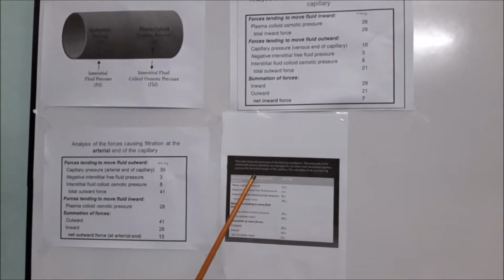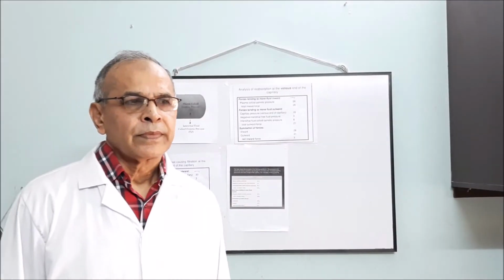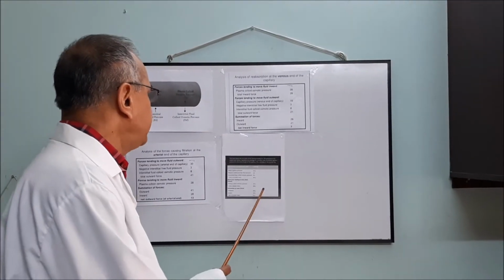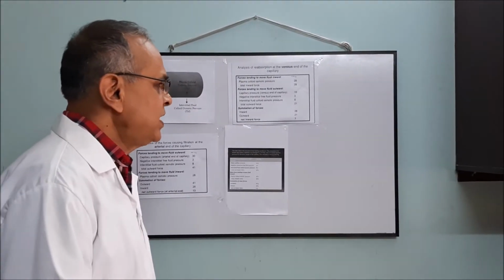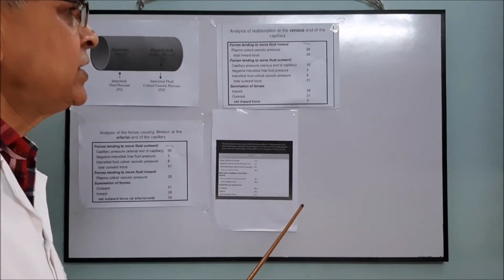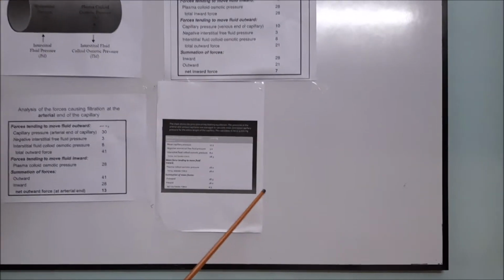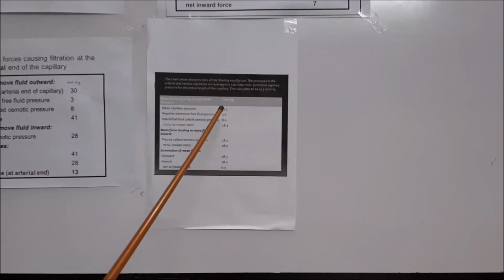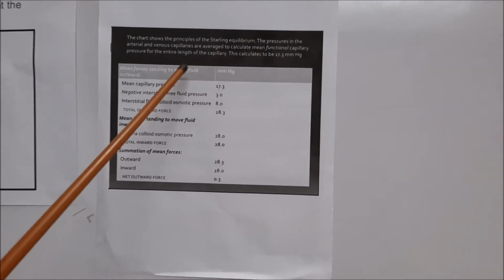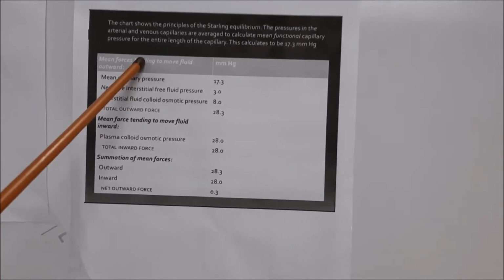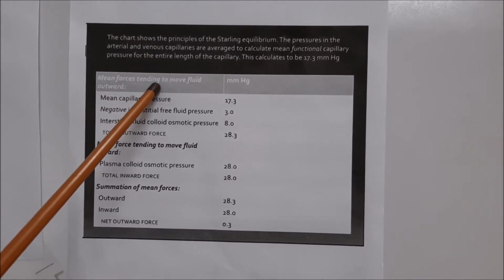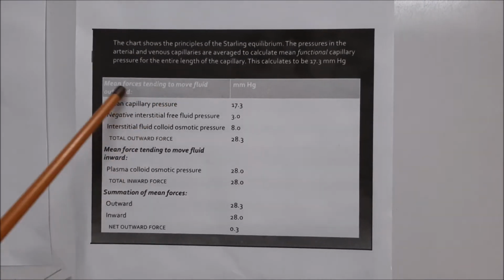Now come to the main topic. About 100 years before, Starling showed that filtration and reabsorption are almost equal. Then he made an equilibrium that is called Starling equilibrium for capillary exchange. Now you can calculate the Starling equilibrium, that is, the mean force tending to move fluid outward.